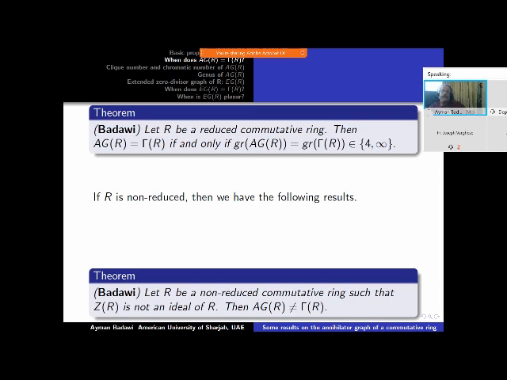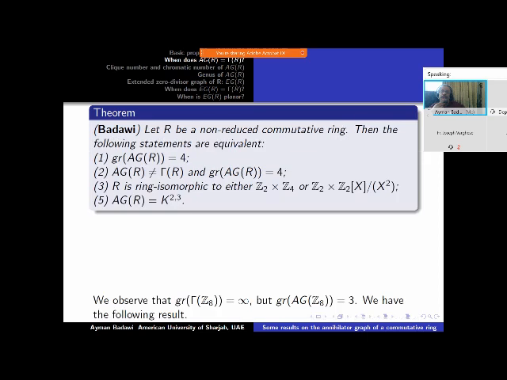So what about if the ring is not reduced and the zero divisor set of R is not an ideal? Then these two are never the same, the annihilator and the zero divisor graph. You can read this if the girth is 4 for non-reduced now.